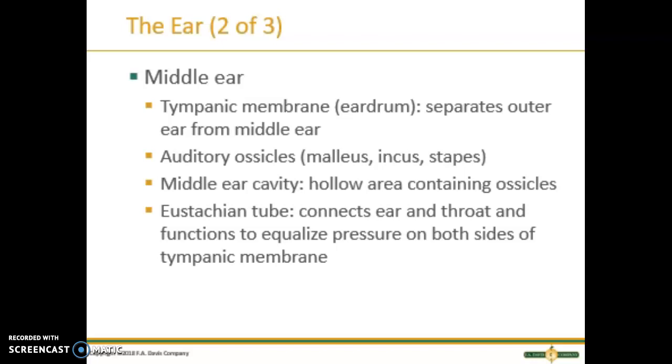The sound waves hit the tympanic membrane, and the 3 flexible bones called the ossicles convert the sound into mechanical vibrations. The eustachian tube connects the ear and the throat and functions to equalize pressure on both sides of the tympanic membrane.